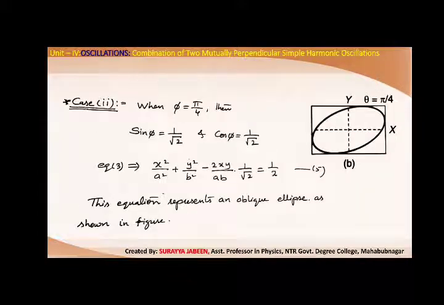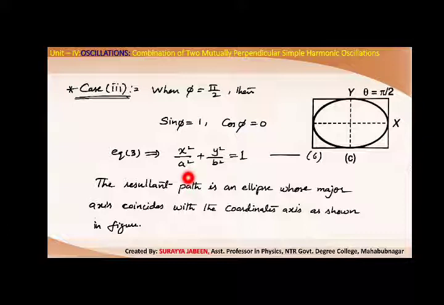So the final answer will be x square by a square plus y square by b square equal to 1. Take this as equation number 6. Then the resultant path is an ellipse, a direct ellipse, not an oblique ellipse. It is an ellipse whose major axis coincides with the coordinate axis as shown in the figure.